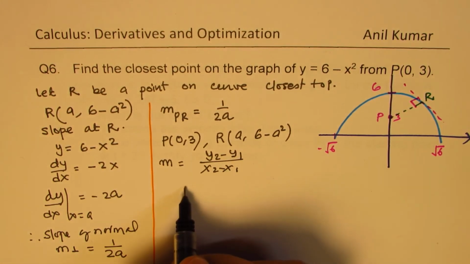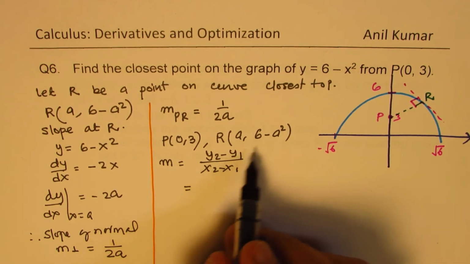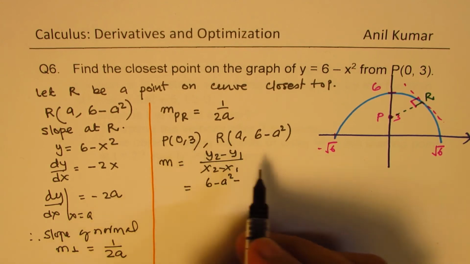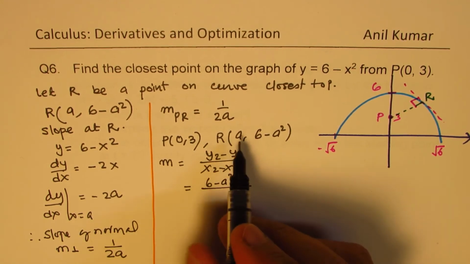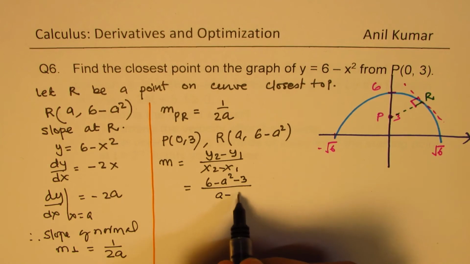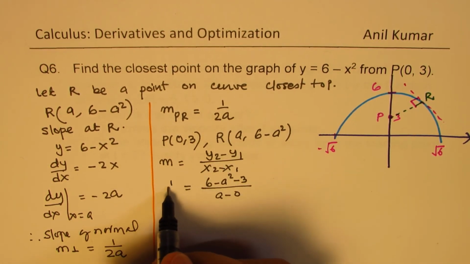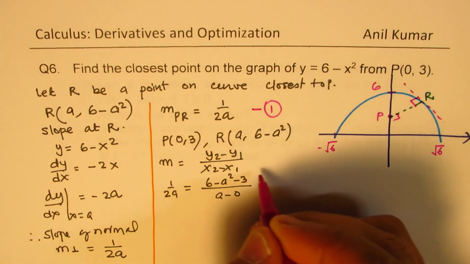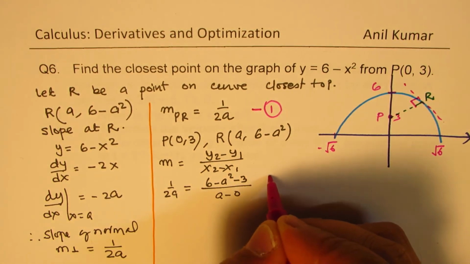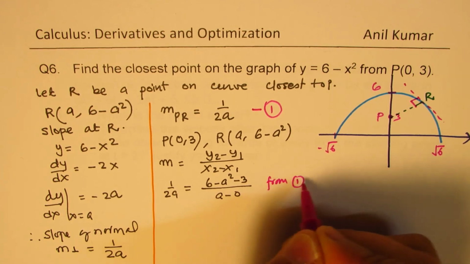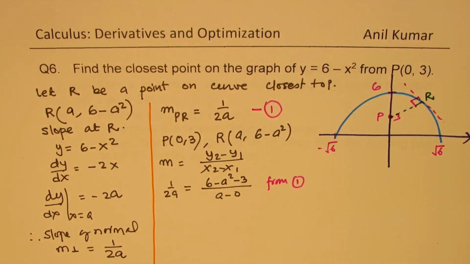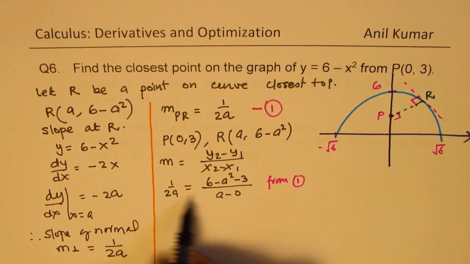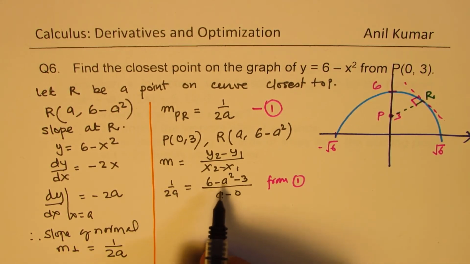That gives us a slope which is (6 minus a squared minus 3) divided by (a minus 0). And this slope should be equal to 1 over 2a, right? From our equation 1, we can say that this slope should be 1 over 2a. So a and a will cancel. We can just cross multiply.